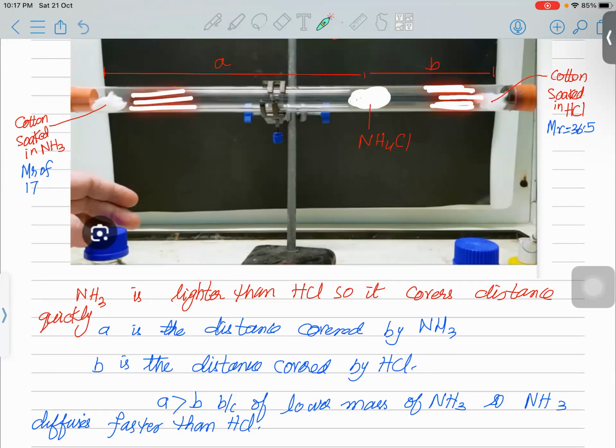Here ammonia particles move. So because of the lower mass, ammonia covers more distance. Now here HCl reacts with ammonia and forms ammonium chloride. When you heat it again, it moves to the left-hand side and right-hand side.